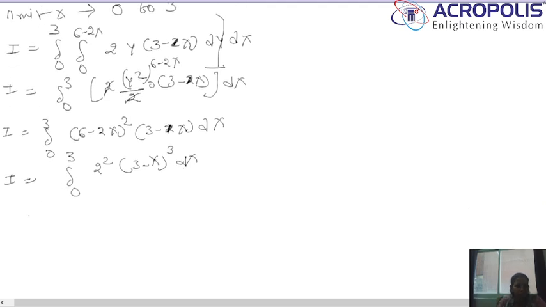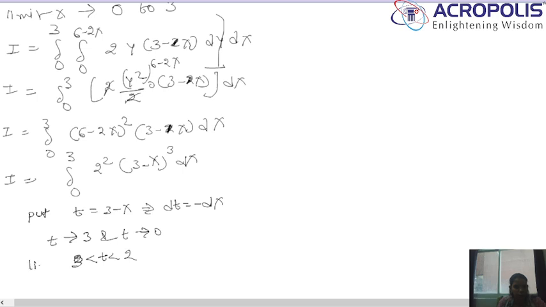So we use substitution, put t equal to 3 minus x, so that dt will be minus of dx, and for the limit of t, if we put x equal to 0, t will be 3, and if we put x equal to 3, t will be 0. So the value of t varies from 3 to 0.